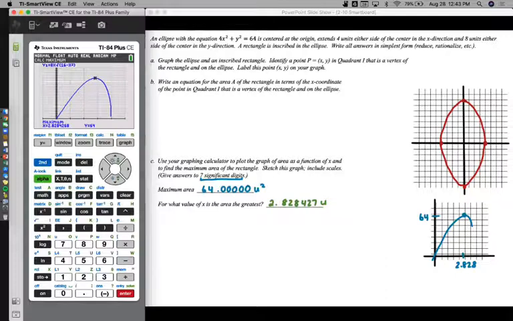So what does that actually mean graphically? Well, I drew the ellipse back in the upper right hand corner. Graphically, remember that the x value is half the base. So the rectangle, if I want to draw it with the greatest area, has an x value of 2.828, so almost like 2.9. If I go out 2.9, that's like here on the x-axis.